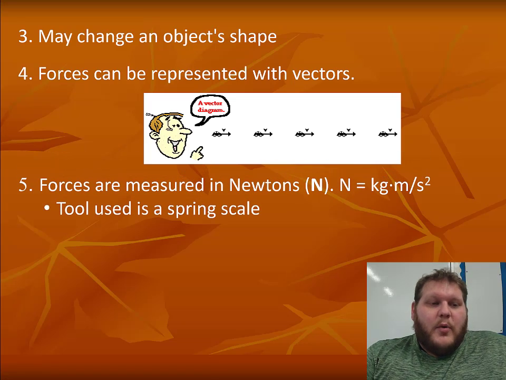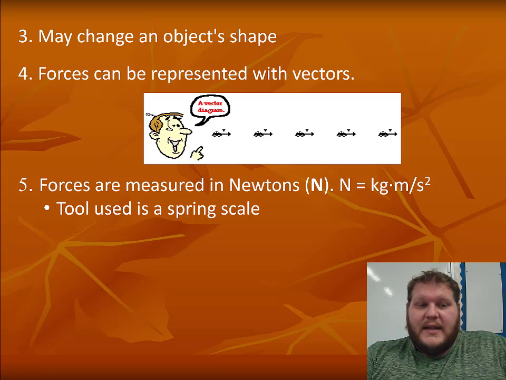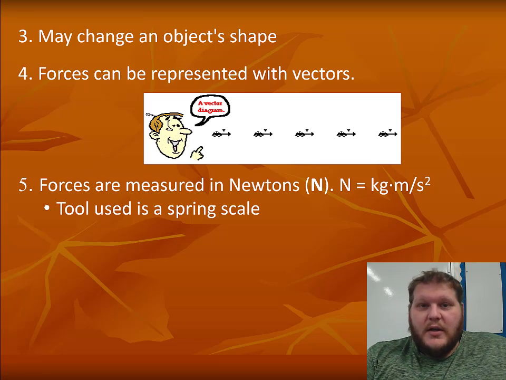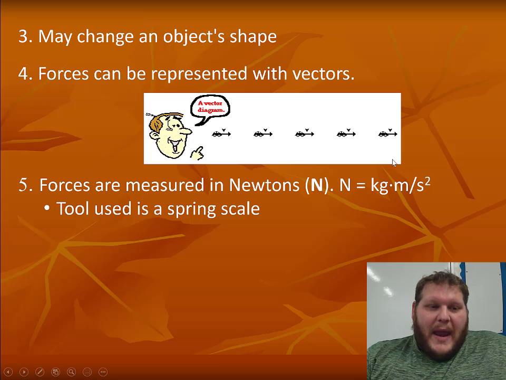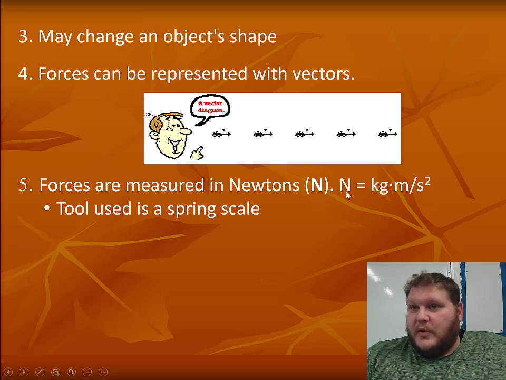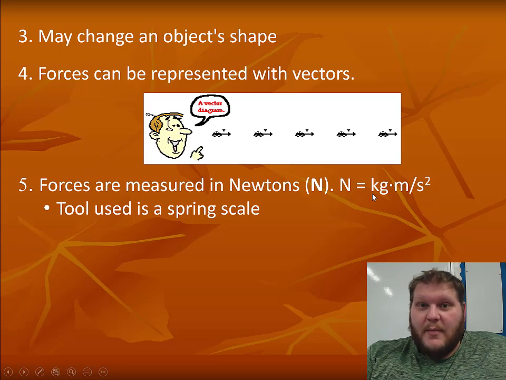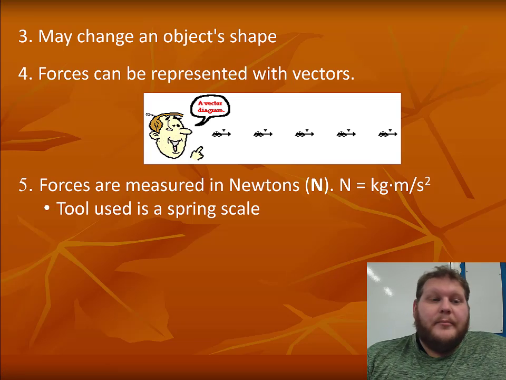We measure forces in newtons, capital N, which is represented by kilograms times meters per second squared, meaning mass times acceleration is what newtons is, which is really what a force is. It's something we'll talk about with Newton's second law. Force is mass times acceleration, F equals ma.